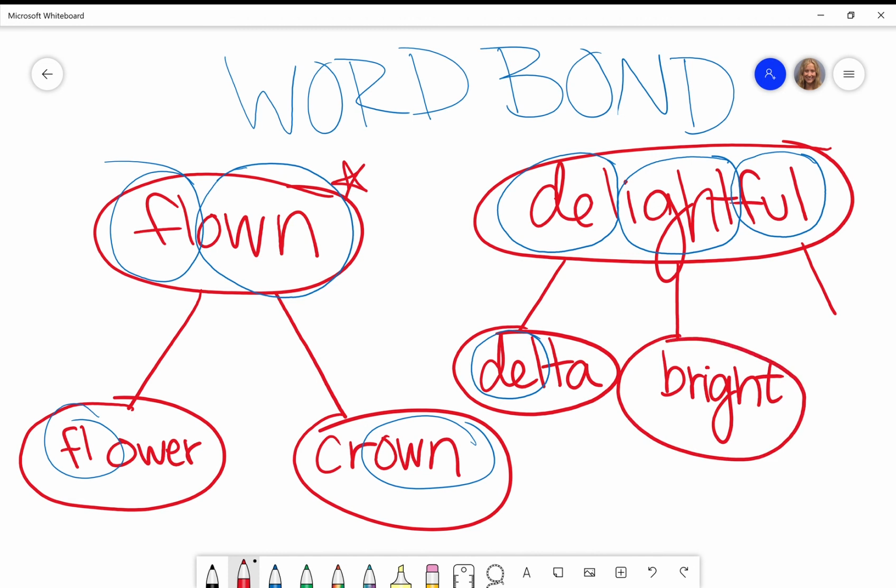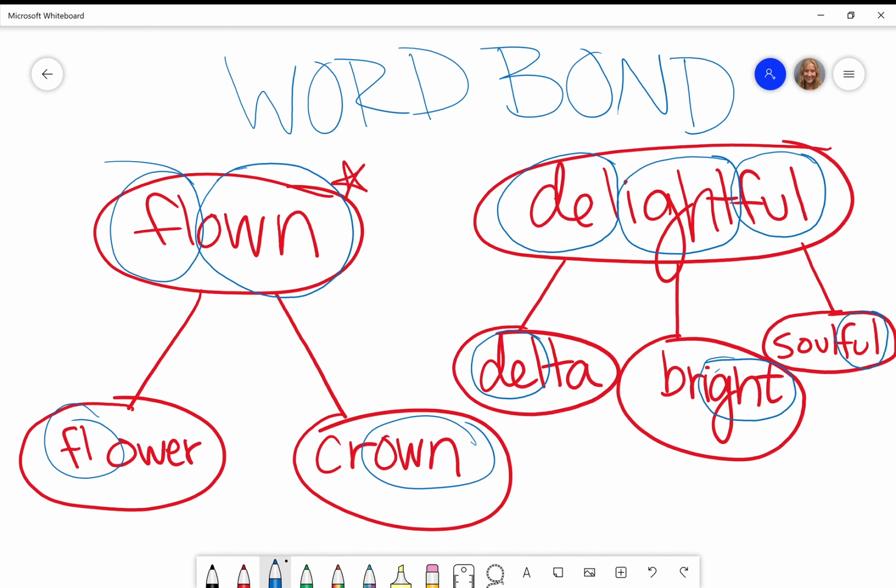It still has that IGHT. And lastly, I need to find a word that ends with the FUL. I thought of the word soulful. It still ends with that FUL.